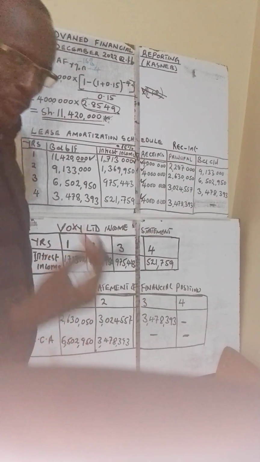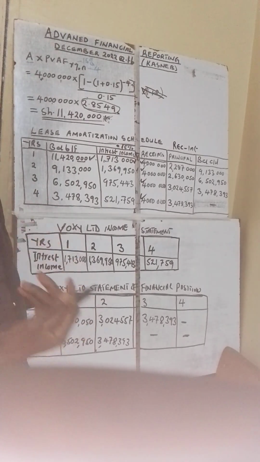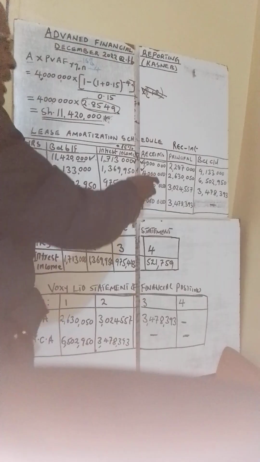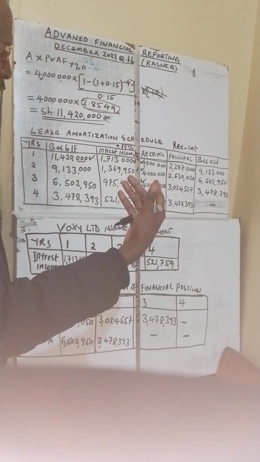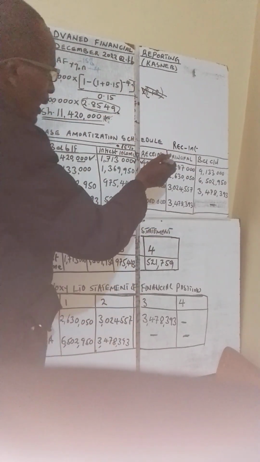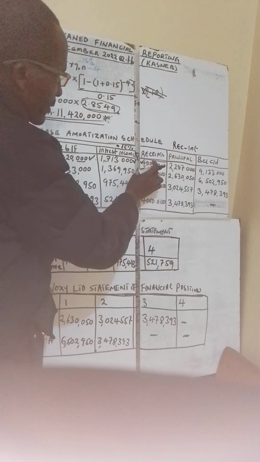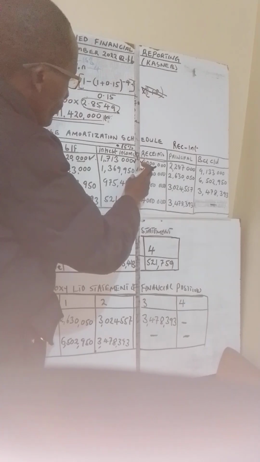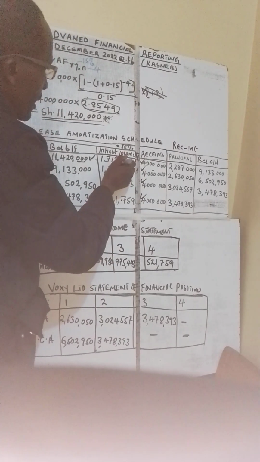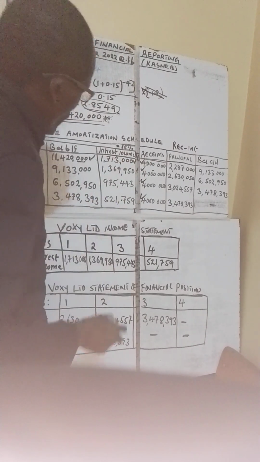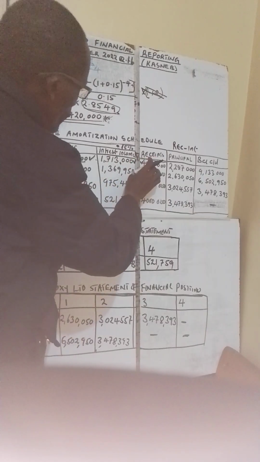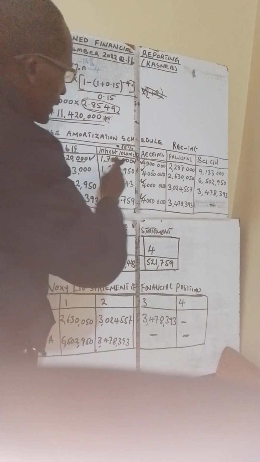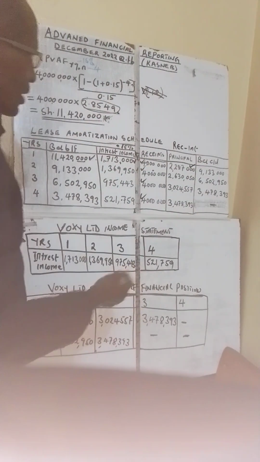I've told you the way you do it in a loan amortization schedule, where you have the annuity, you separate this annuity, you less the interest to remain with the principal. So take this particular receipt, the 4 million, you minus the interest figure here, and you get the principal column.